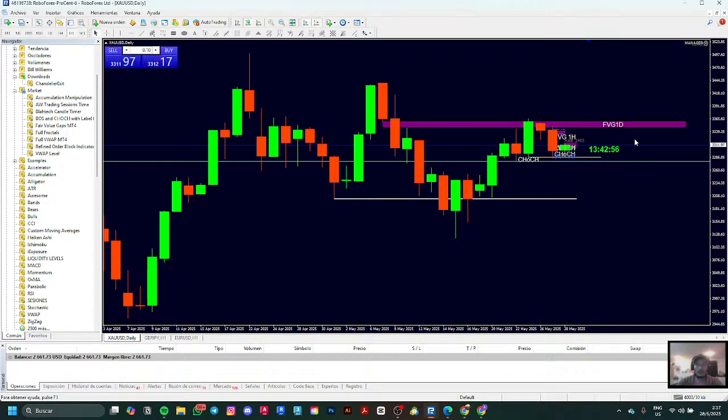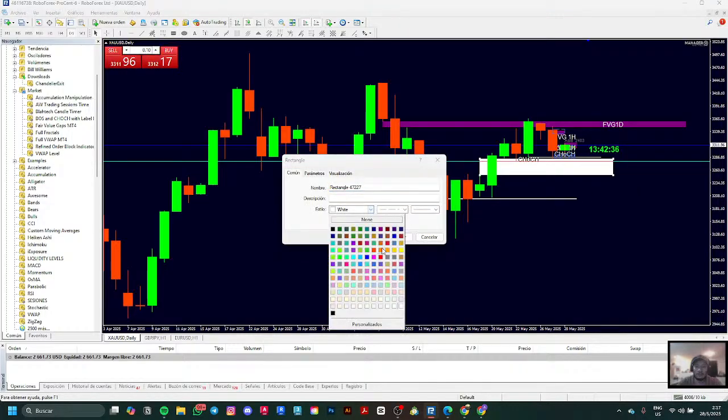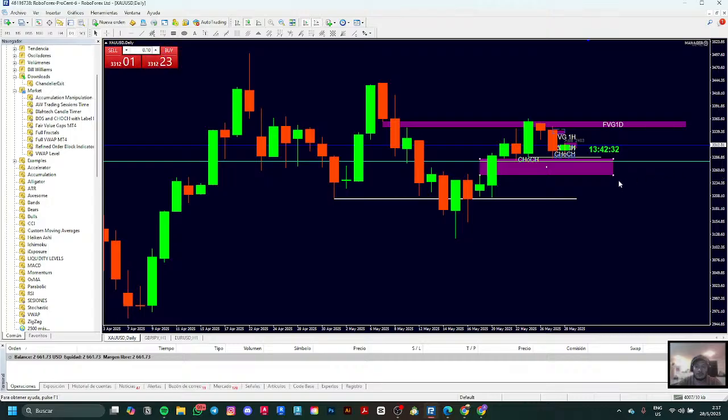So as price comes back and taps into this area where there's a gap, where there's a lot of buy limit orders right here, each time it taps into it, orders are collected, and therefore the fair value gap has less orders sitting there. So that means one thing: if price comes back and taps again, there's going to be less orders to push price higher, which results in this fair value gap being lower probability to hold.